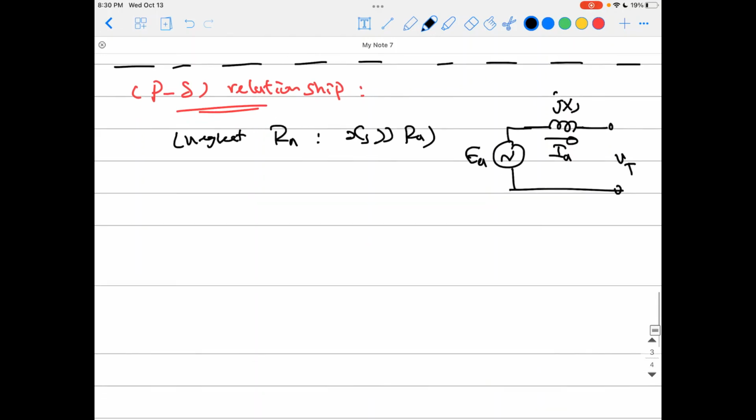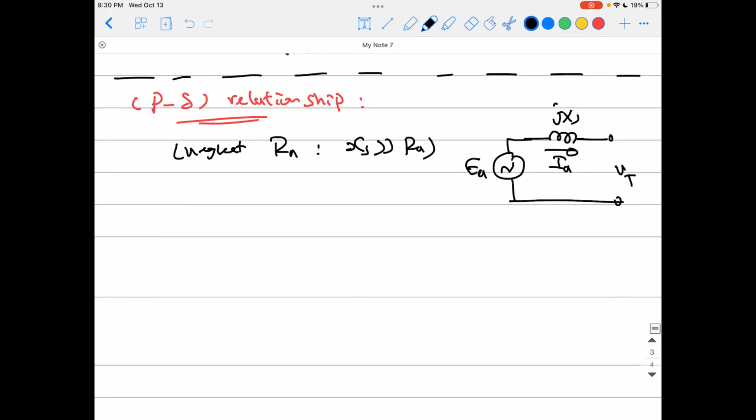So if you neglect RA, you can write that EA as a vector equals the V terminal as a vector plus j IA as a vector times XS. That is just the armature voltage equation like we used before, neglecting RA.